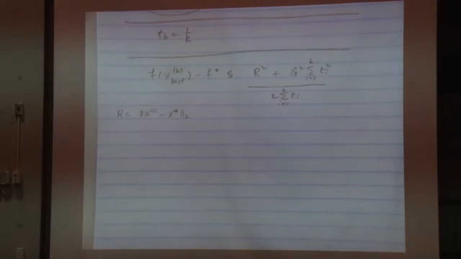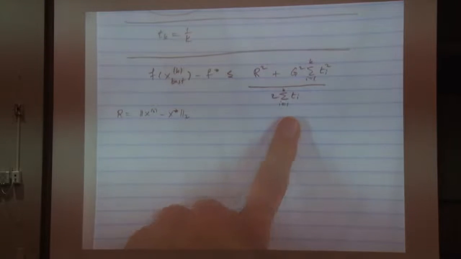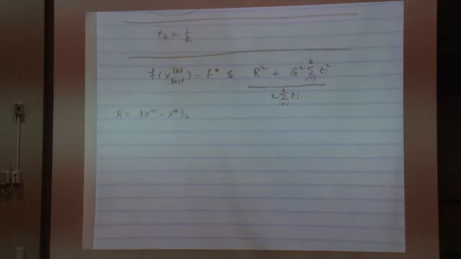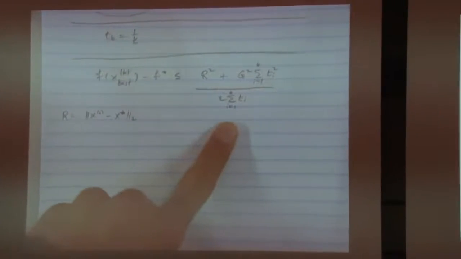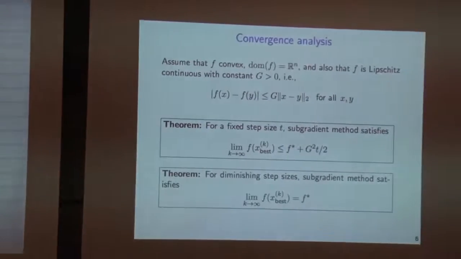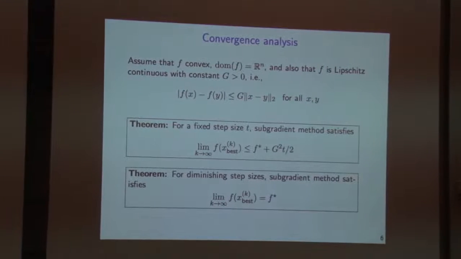Now from this, we can actually read off the results for the convergence analysis that we saw directly. Let's first take t_k to be t. So let's look at the fixed rule.